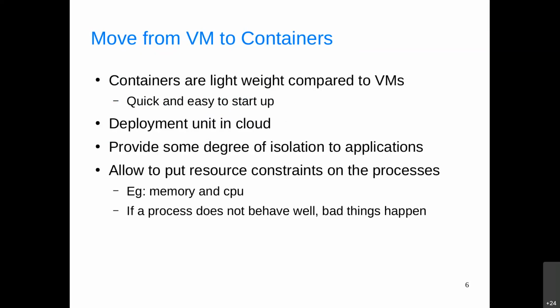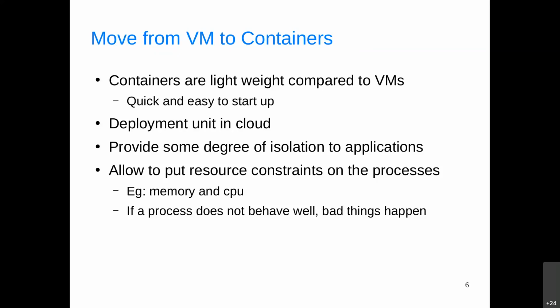They are very quick to start up and much easier to spawn, and they also provide a degree of isolation to applications, at least at the user space, although they share the same kernel. But the main characteristic of the containers that is relevant for runtime systems is their ability to put resource constraints on the processes.